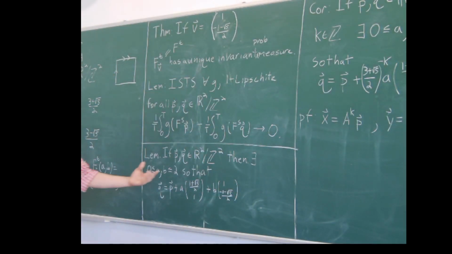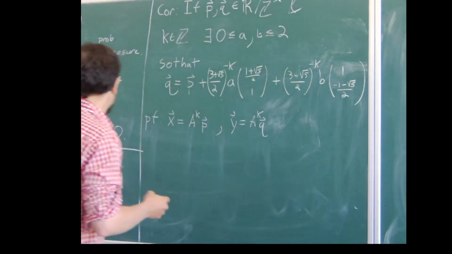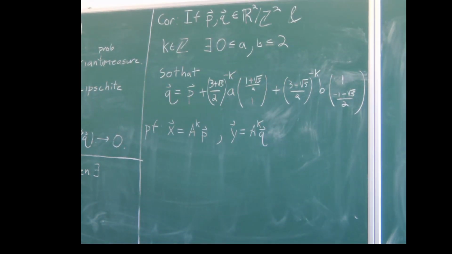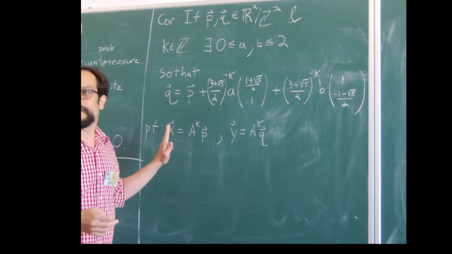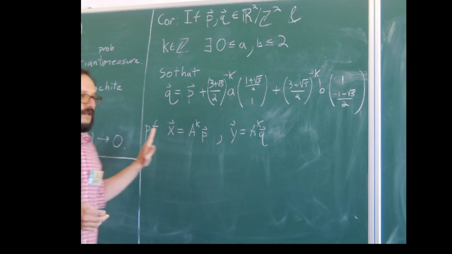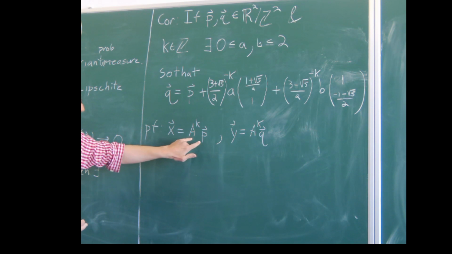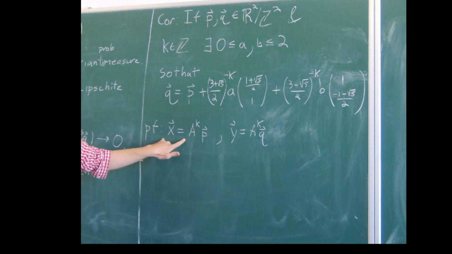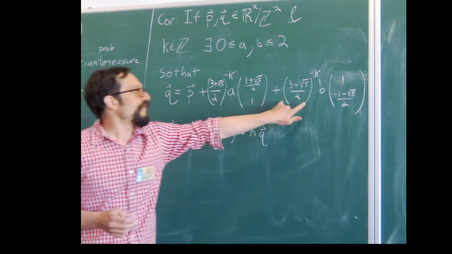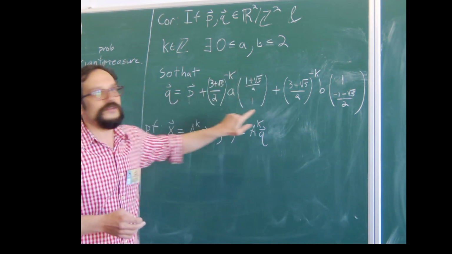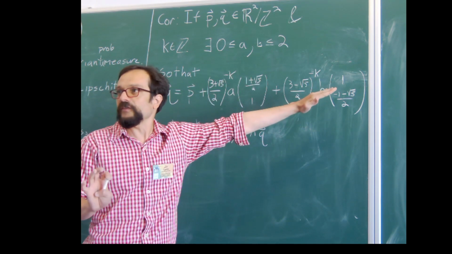I'm going to now apply the lemma to X and Y to get this pair A and B. I'm going to pull everything back by A to the minus K to get that this becomes my Q, this becomes my P, and I insert these factors by how A to the K acts on these matrices. That's all that's going to happen.